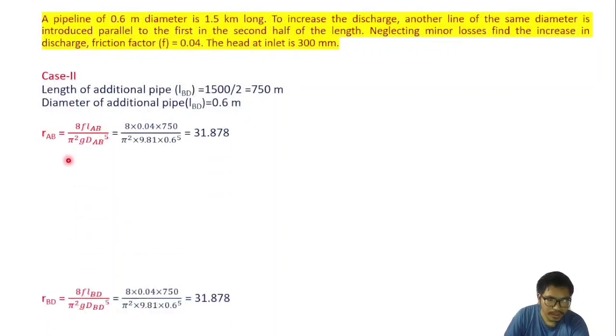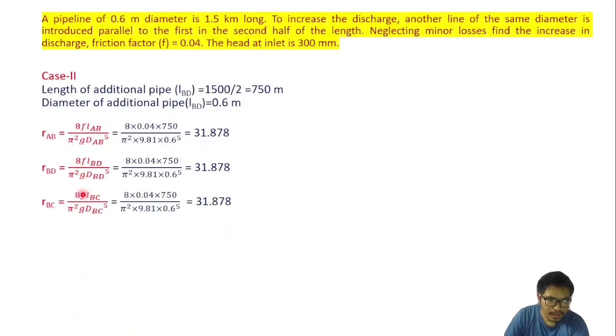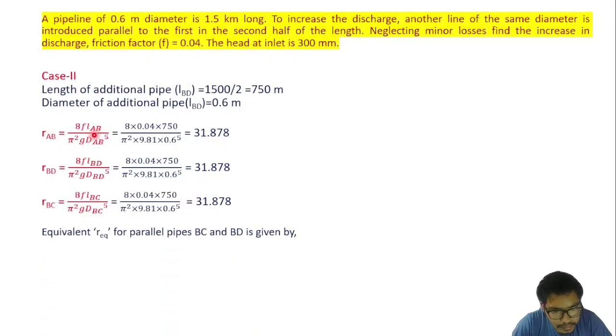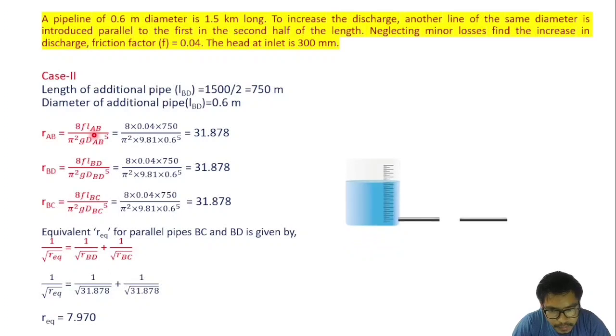So RAB we can calculate, RBD and RBC we can calculate. Let me show in the figure. So the length of AB is 1500 divided by 2, 750, and BC is also 750, and this is also 750.